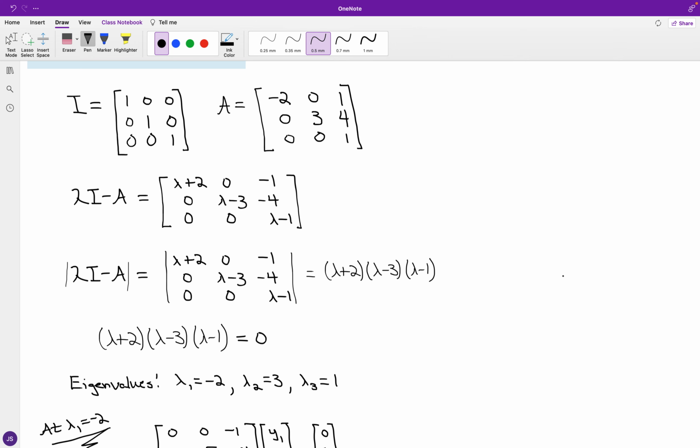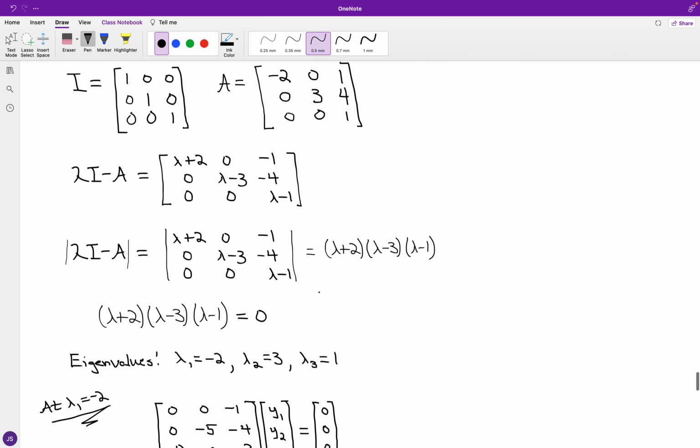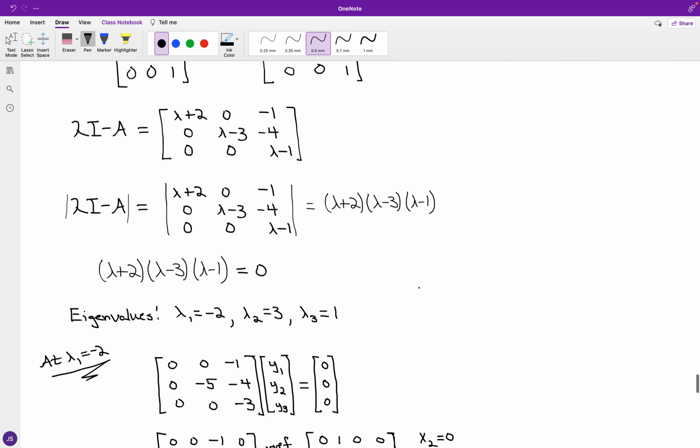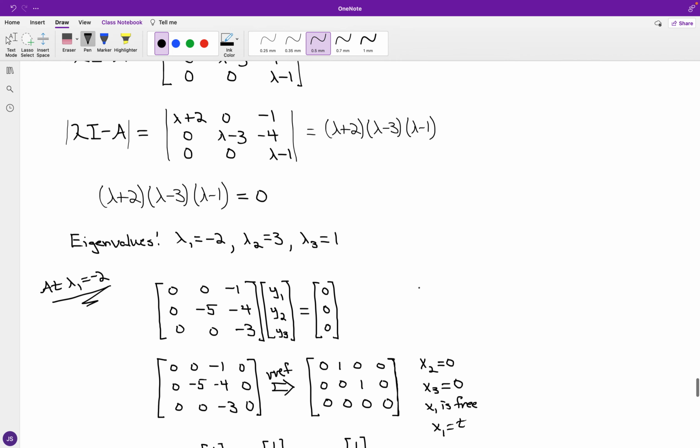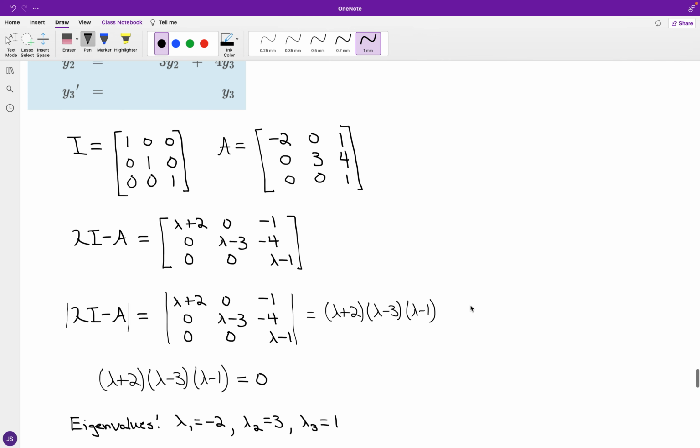And so for the determinant, we have lambda plus 2 quantity times the quantity of lambda minus 3 times that of lambda minus 1. Upon setting this equal to 0, we have the establishment of our characteristic equation. Looking at these factors in order from left to right, the first eigenvalue will be at negative 2, second will be at 3, and the third and last will be at 1.